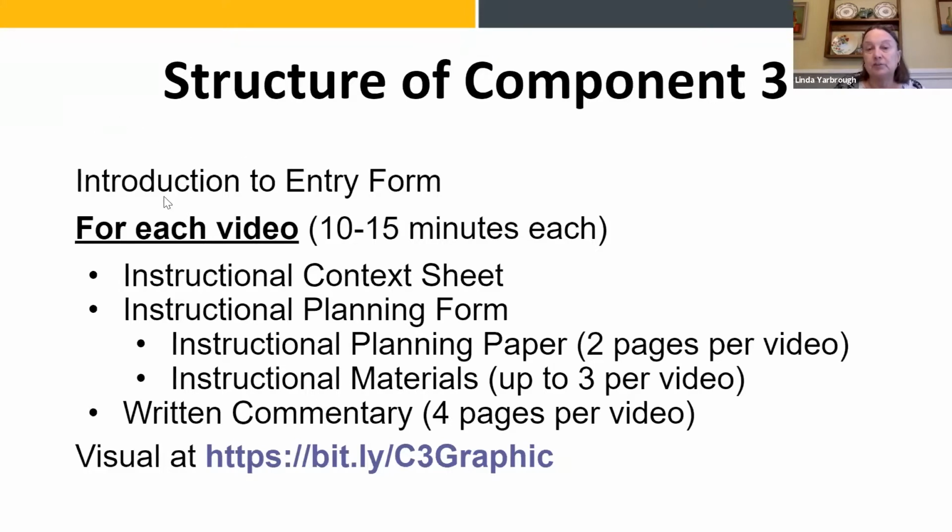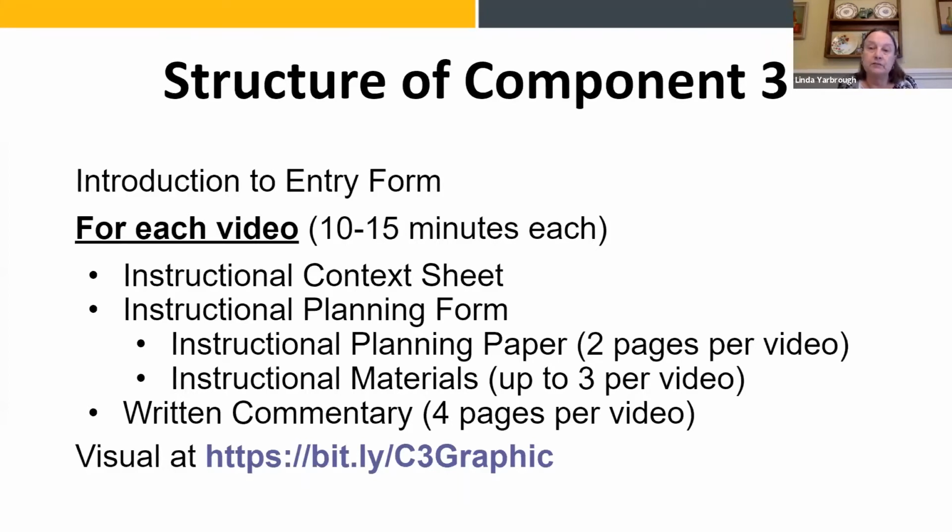To your instructional planning form, you'll also attach up to 3 instructional materials for each video. These are generally not completed student work samples. Rather, they are materials that will help the assessor understand the instruction that they're seeing on the video. So for example, if you're teaching in a brick and mortar classroom, you may have an anchor chart on the wall that's not visible in the video, but the students refer to it.